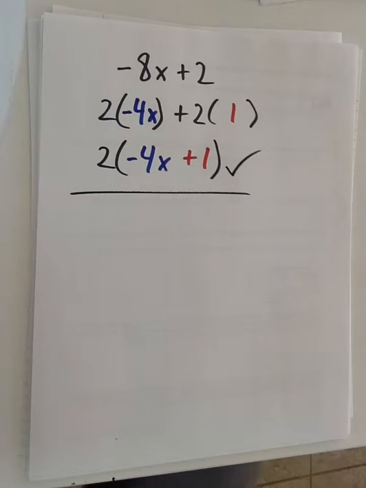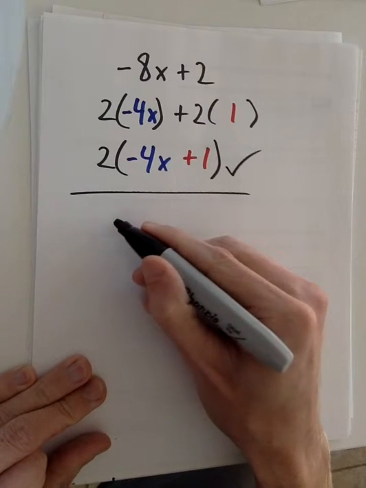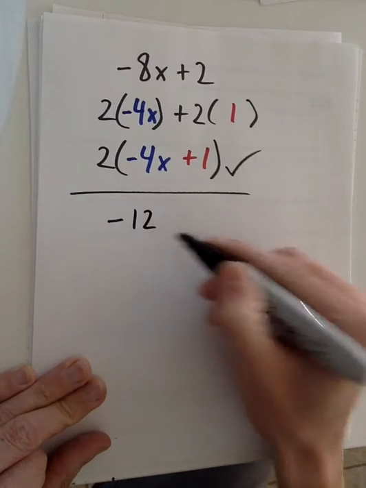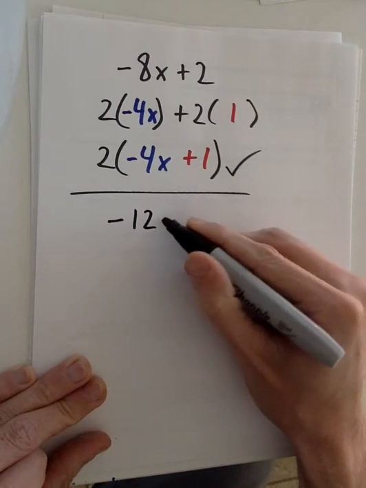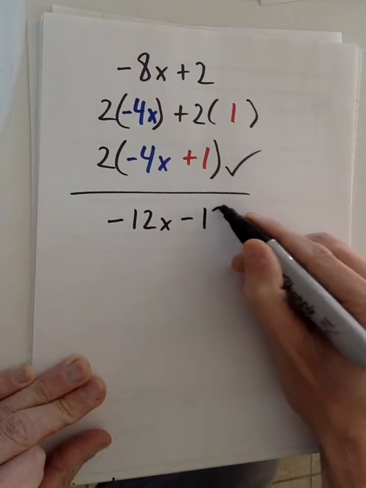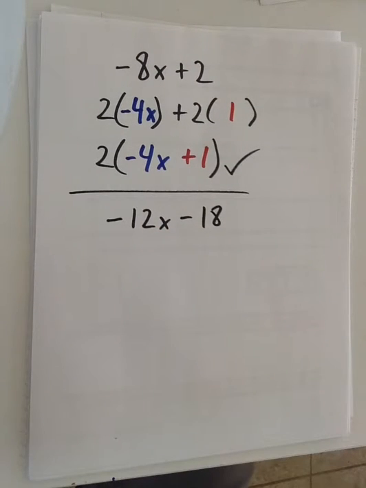And we can look at another one where, let's see, if we had negative 12x minus, let's try 18. Okay, so we want to find a common factor for 12 and 18. And we want it to be the greatest common factor if possible.